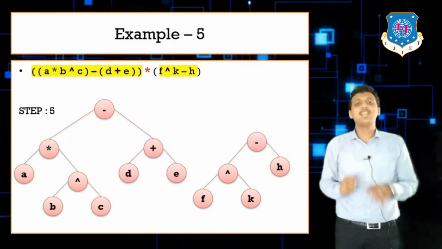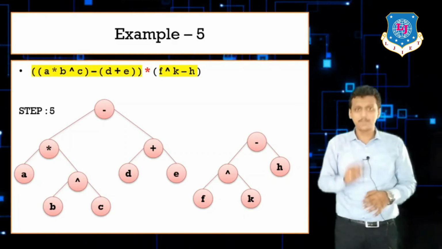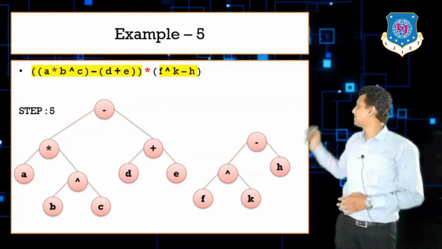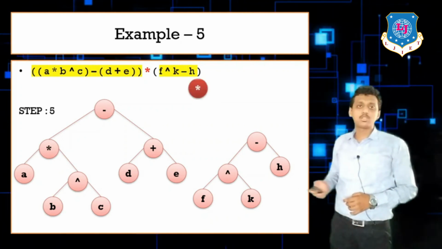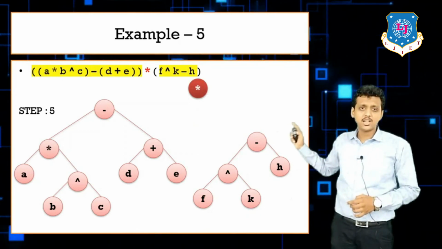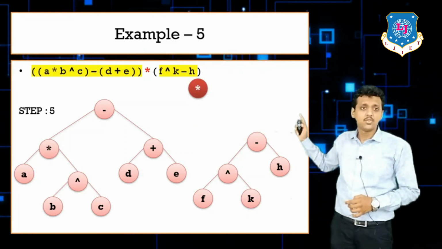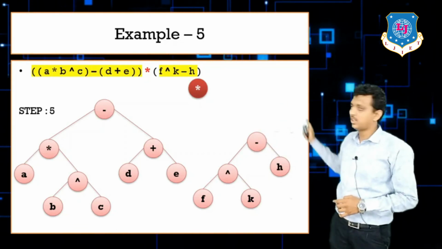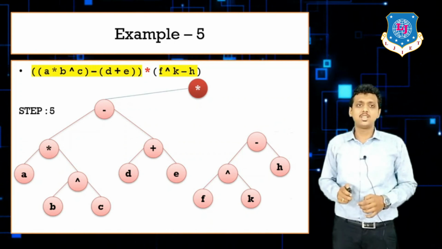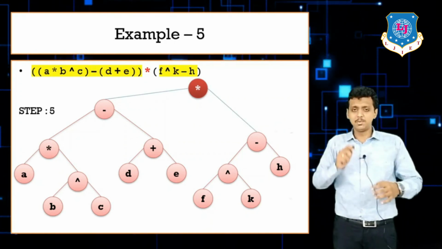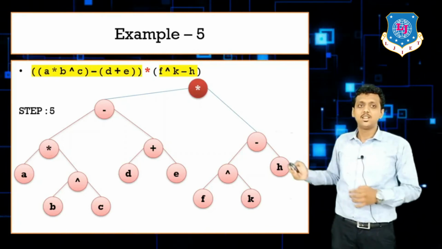Now let's end with the last operator, students, that is star. How does the star go? I'm just drawing the star over there. The left side of the star is going to connect with this minus, and the right side of the star is going to connect with this other minus. Here is the left link, here is the right link. Let me correct the figure properly.